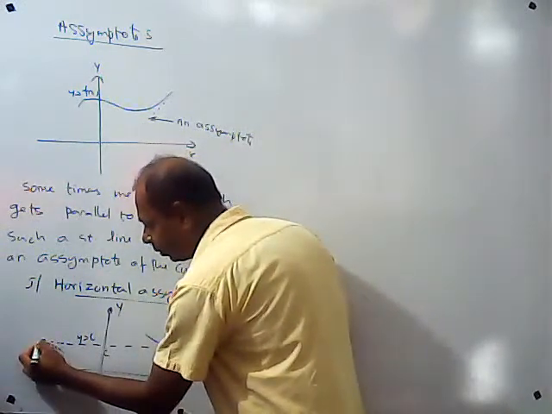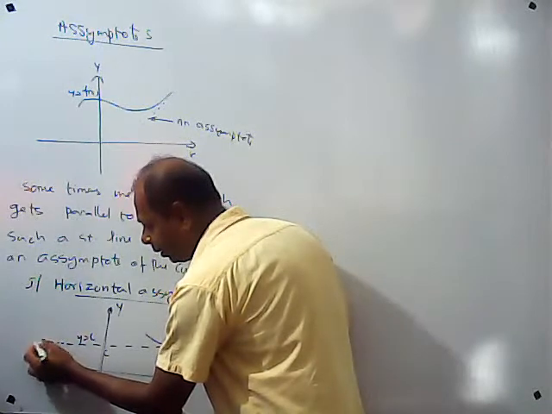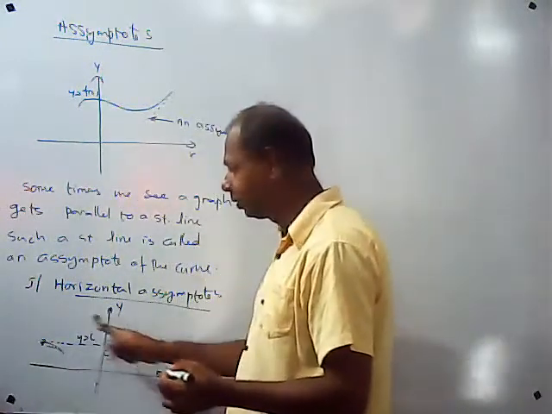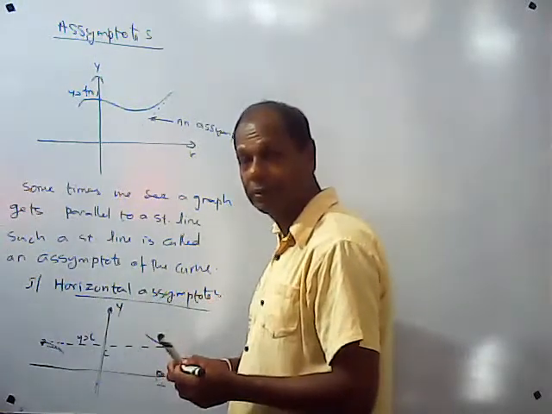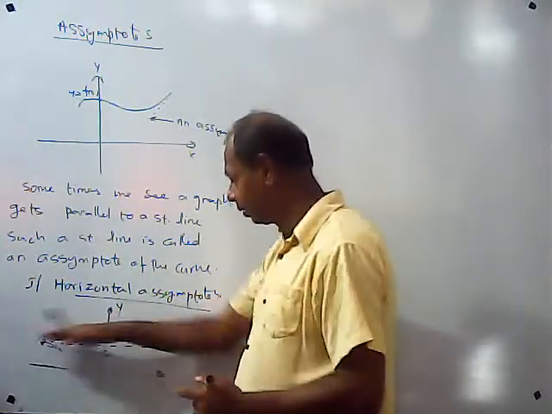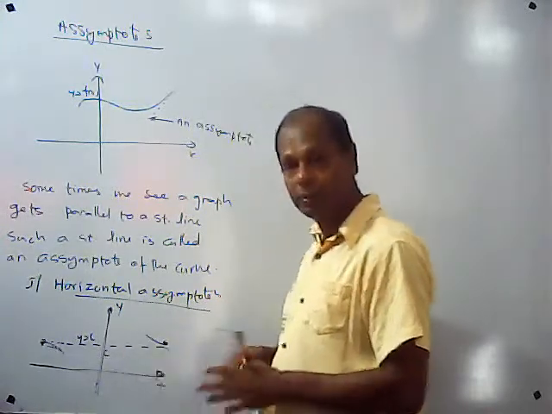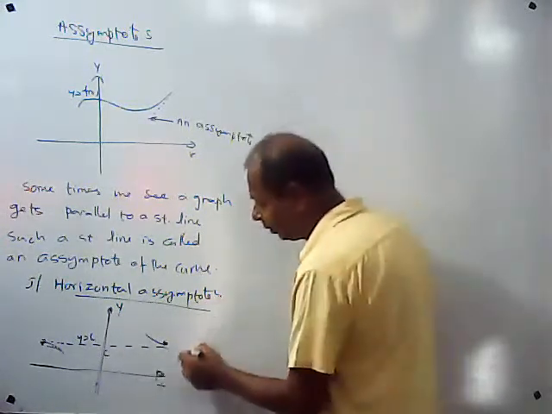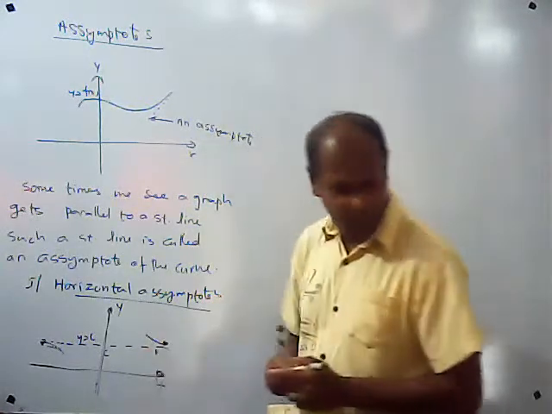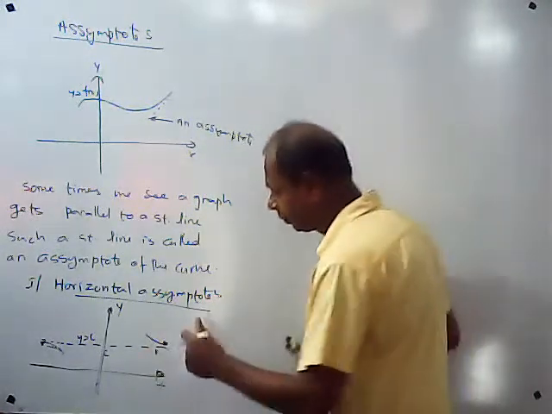If the curve gets parallel to a straight line y equals c, something parallel to the x-axis, we call it a horizontal asymptote. Here is a horizontal asymptote.